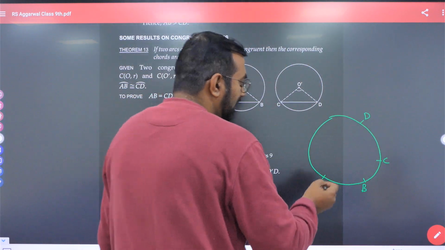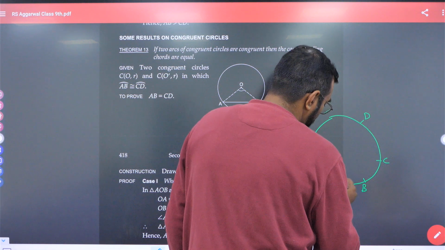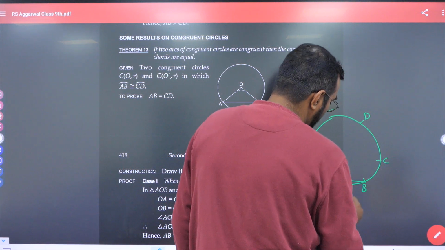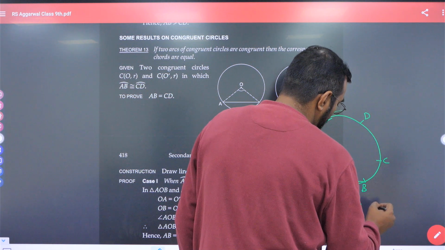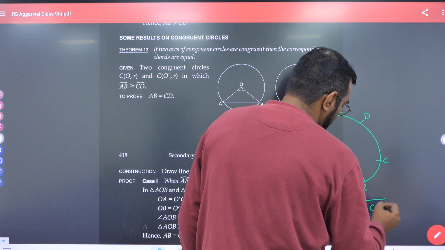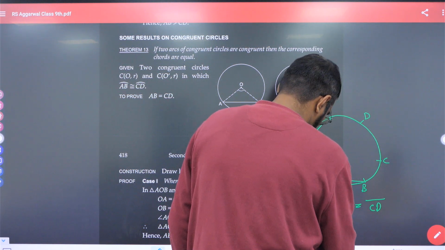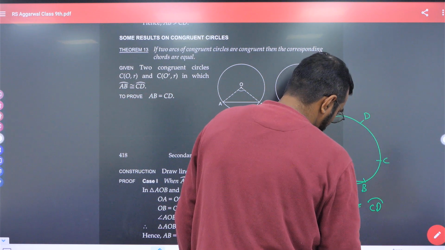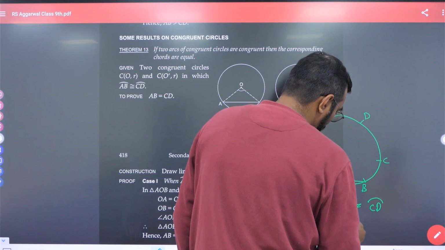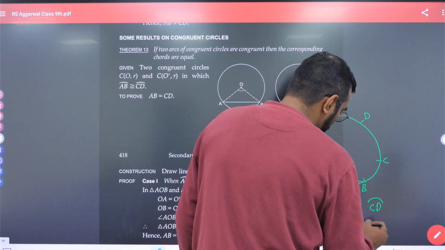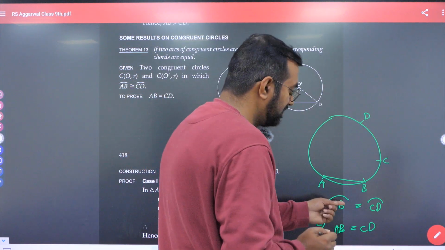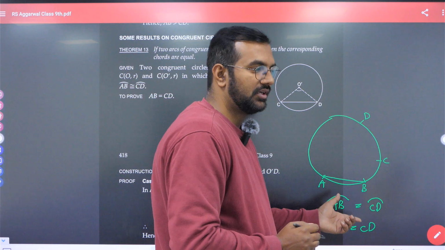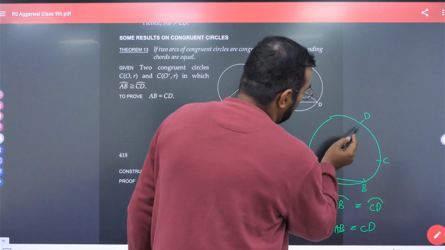If the two arcs are congruent, meaning equal, arc AB equals arc CD, this implies that chord AB equals chord CD. We have already discussed these things in the same circle. Okay, right?